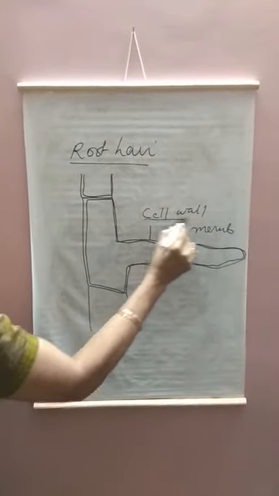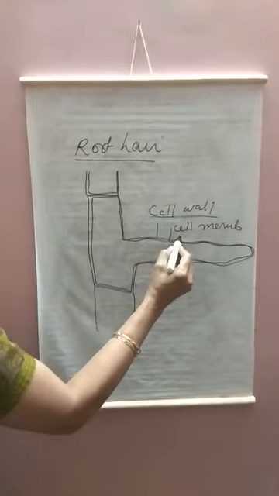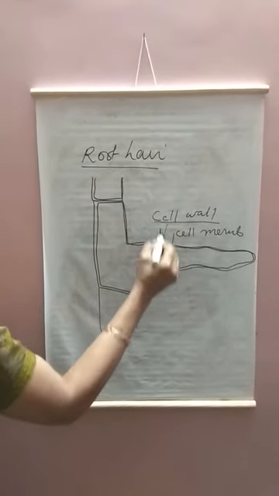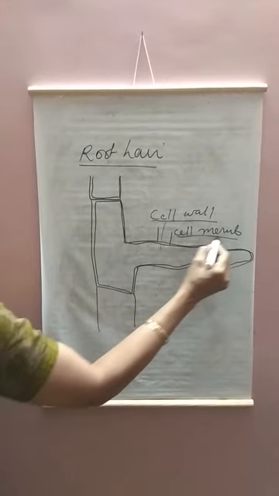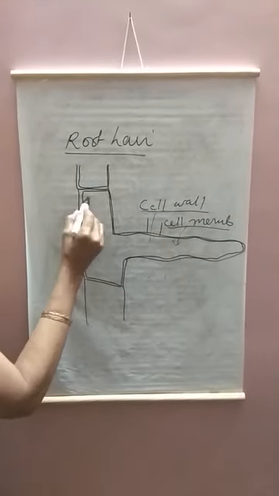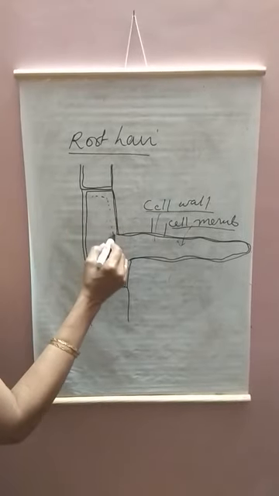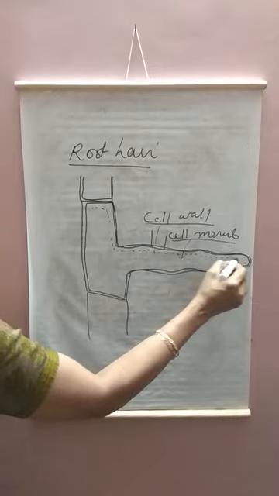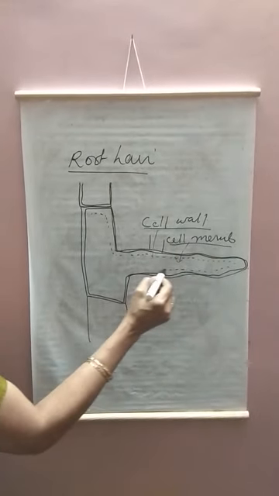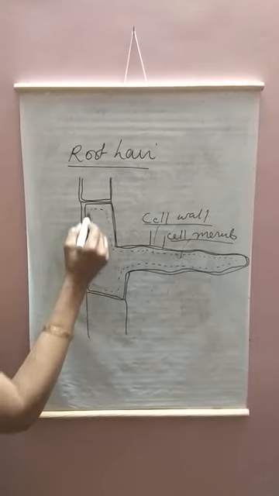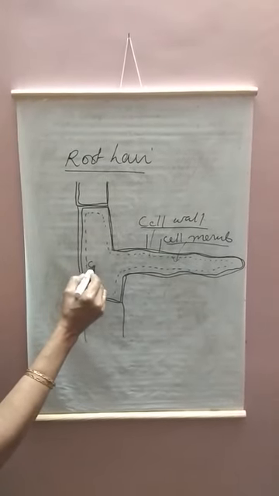The cell wall is freely permeable, and solvent molecules can enter inside through the cell wall. The cell membrane is selectively permeable; only selected particles can enter inside. Here inside, a vacuole is present. In a plant cell, most of the area is occupied by a vacuole, and inside this vacuole cell sap is present.